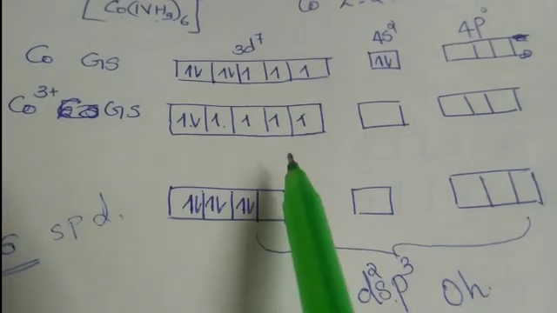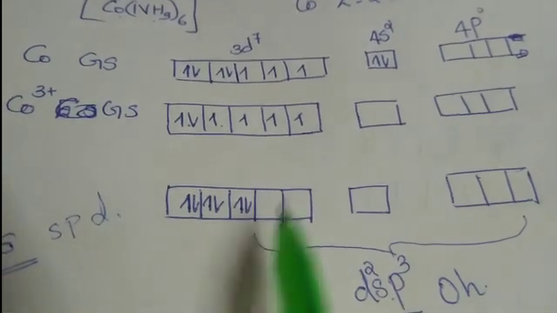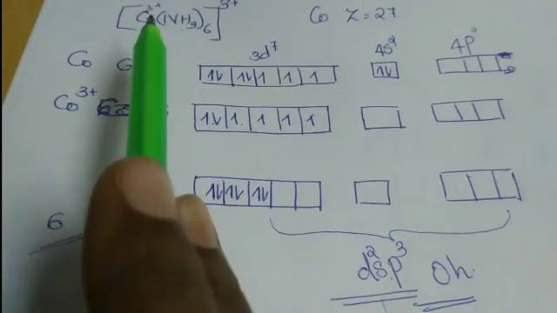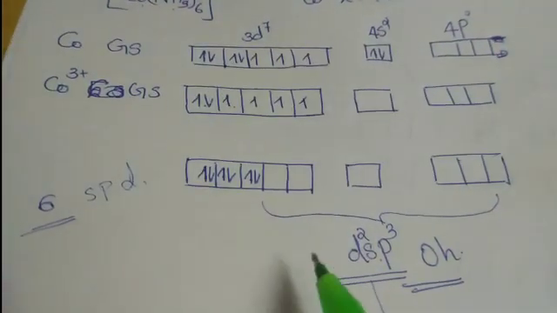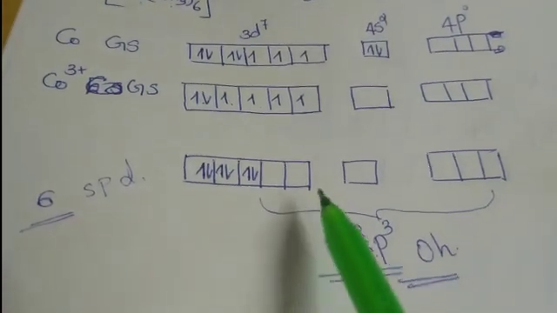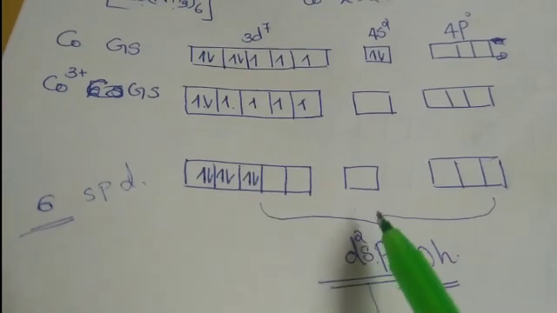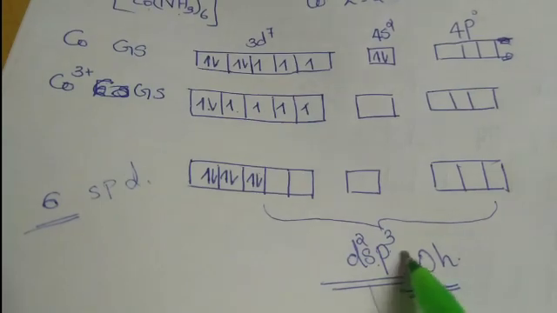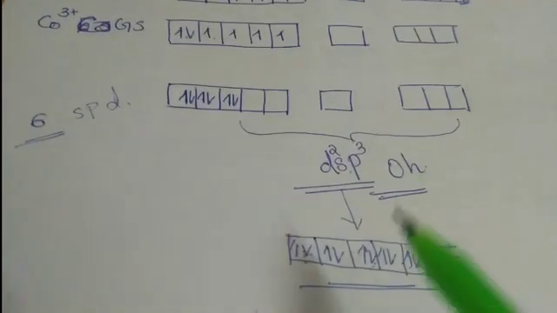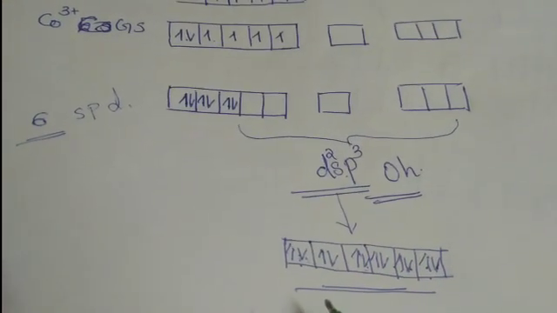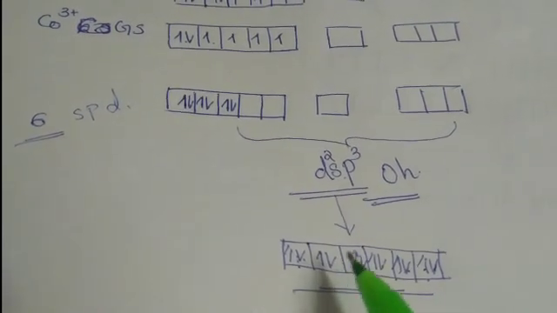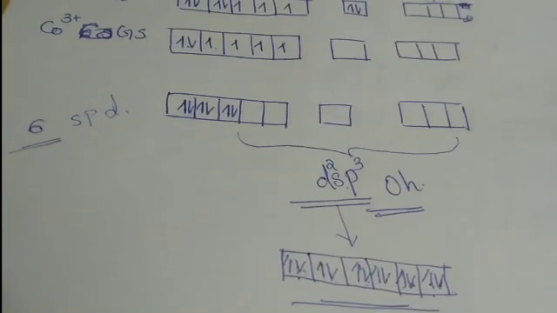According to the coordination number of the central metal, we need to take the vacant orbitals. These vacant orbitals will overlap and form the hybrid orbitals, and in the hybrid orbitals, the electrons come from the ligands present in the complex. Okay, this is how the bonding is happening in a coordination complex.